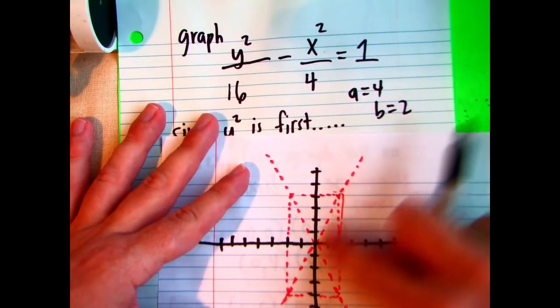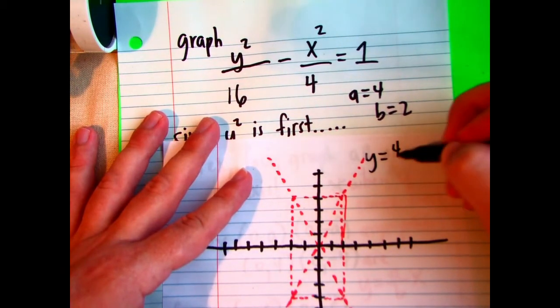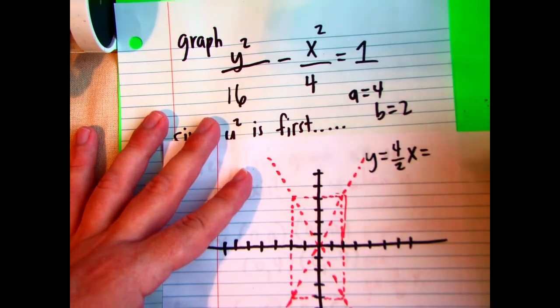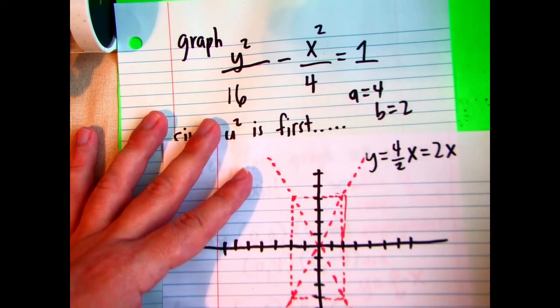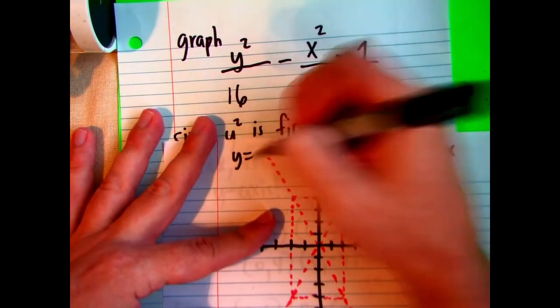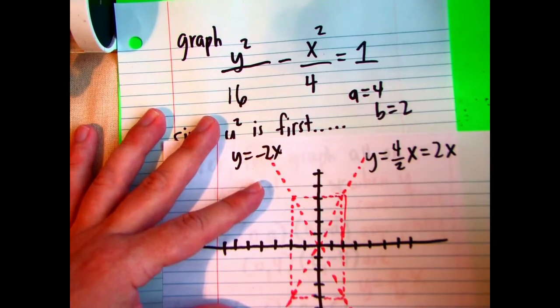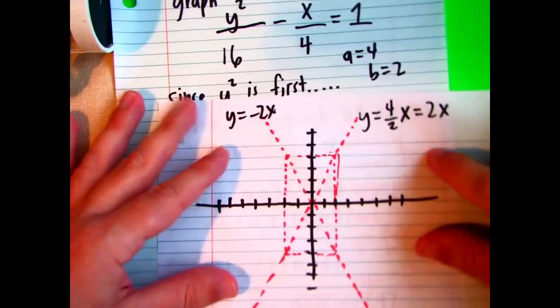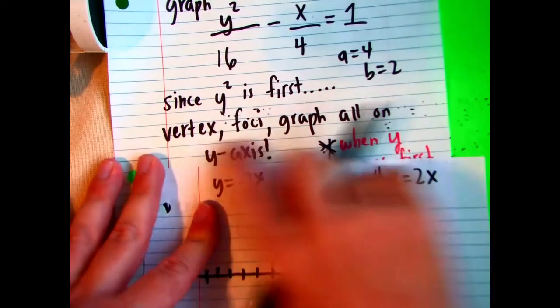Well, if a is 4 and b is 2, this equation is 4 over 2 x, which simplifies to 2x. And we can see that in the graph, right? That line has a rise of 4 and a run of 2, so its slope is 2. Same thing with the negative slope of negative 2.